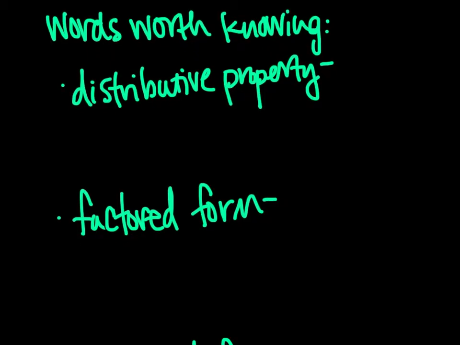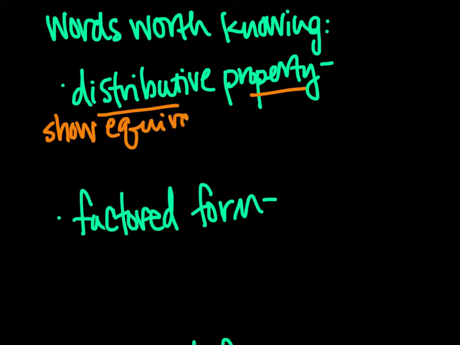I'd like you to add to your words worth knowing the word distributive property. So the distributive property is specifically the ability to show equivalent expressions. So this allows us to show equivalence by using parentheses.